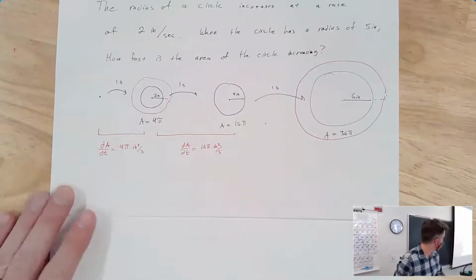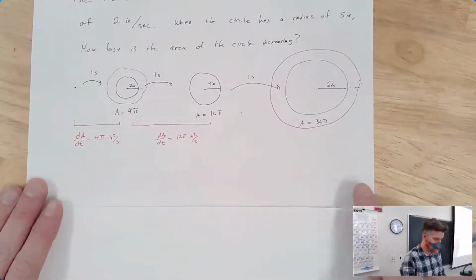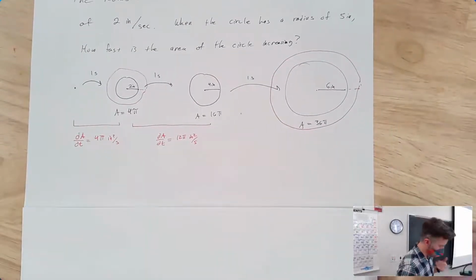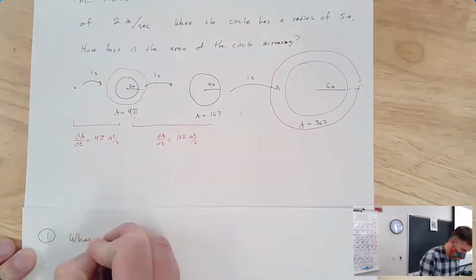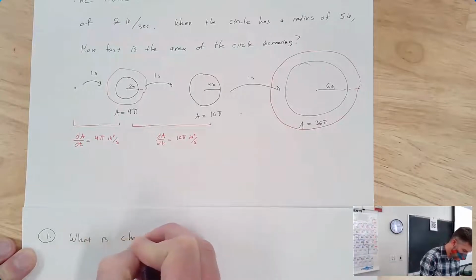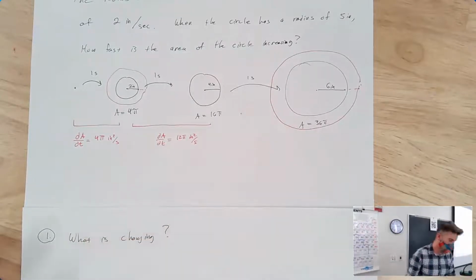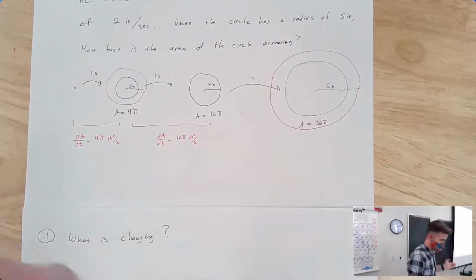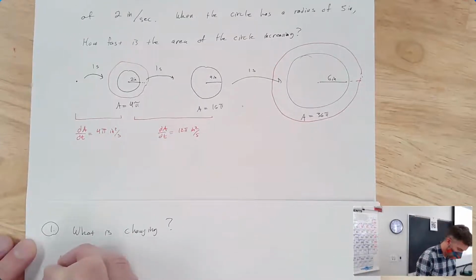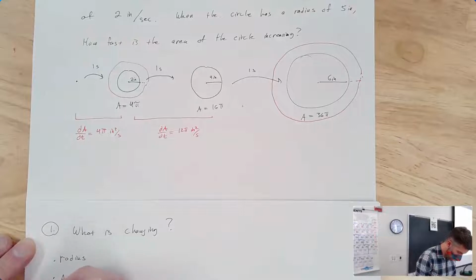When I'm thinking about related rates, I usually think about a few things. The first thing is, what is changing? Now, I know a lot of things are changing in this setup. The answers I want for this particular one are the radius of the circle and the area of the circle.